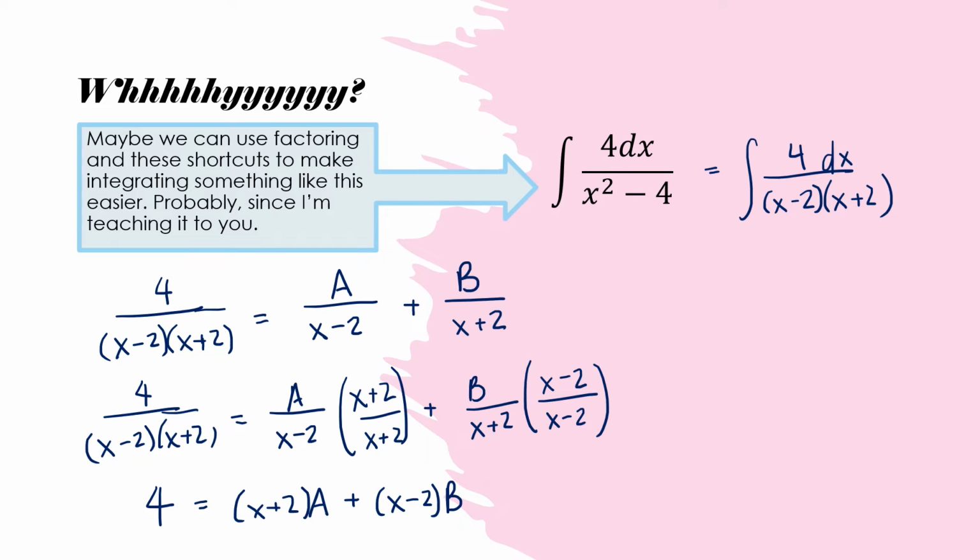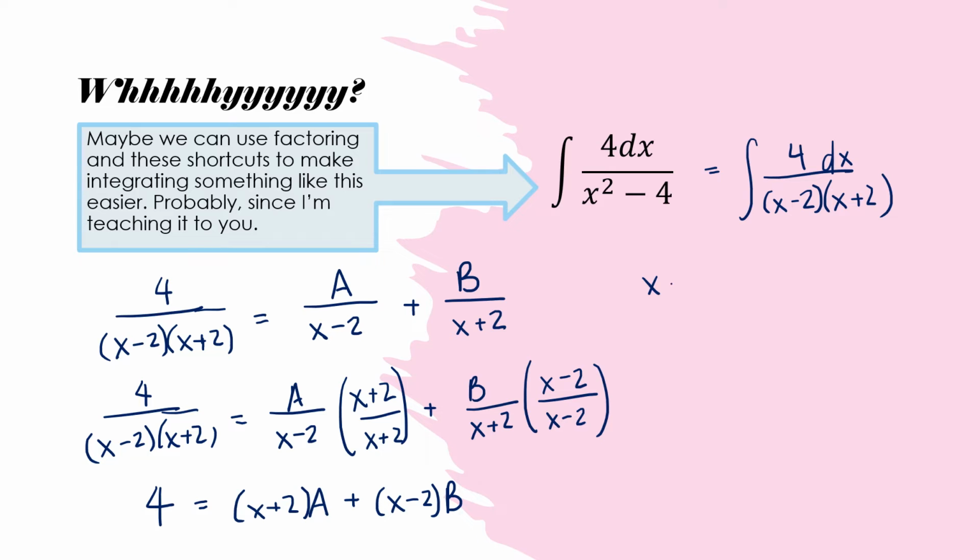So now it's a little bit of detective work. Looking at this, I want to find out what A and B could be. There's always easy choices to make. So I look to my x plus 2 and my x minus 2. Let's say I set x equal to 0. That's not that helpful, because then I'll still have two variables.